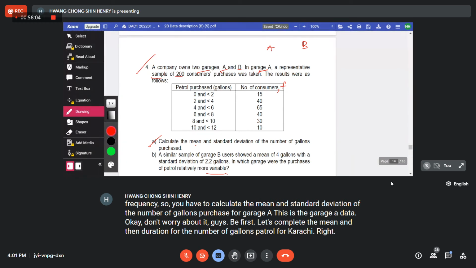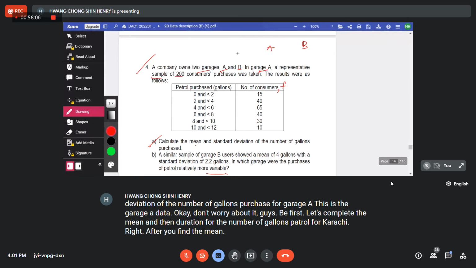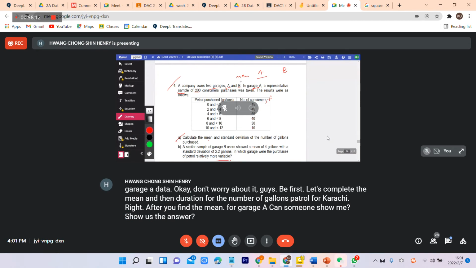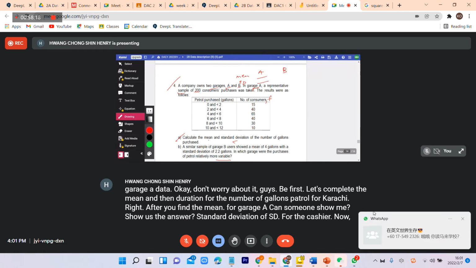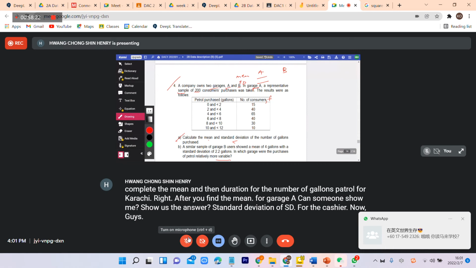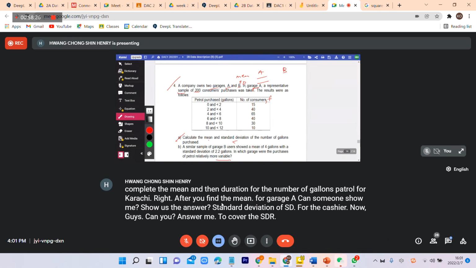All right. After you find the mean for garage A, can someone show us the answer? Standard deviation, SD, for garage A. Now, guys, can you answer me, to calculate the SD, is it based on sample or population?